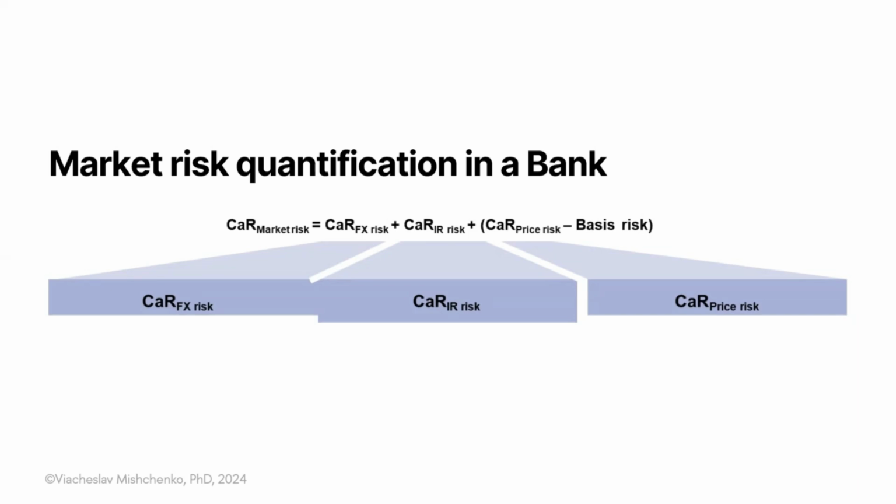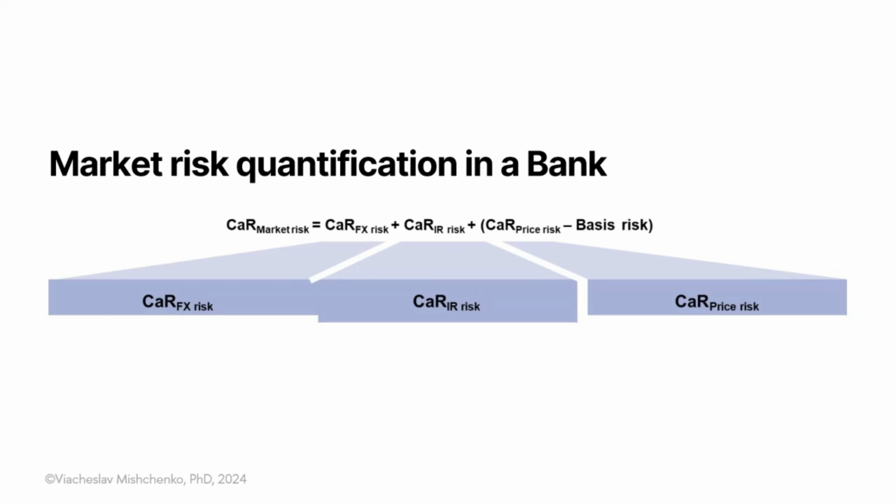For example, over a 2-year period of time, looking at a 10-day horizon with, for example, a 99% confidence interval. Here, we can calculate separate value at risk components for forex risk, interest rate risk, and price risk.